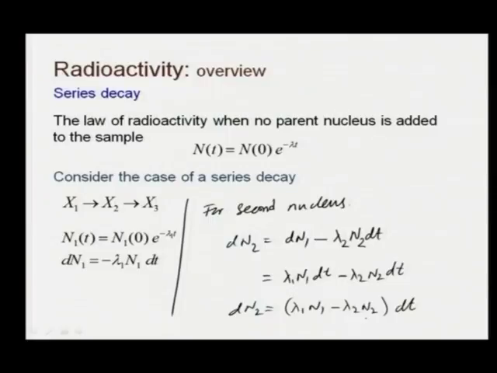It is true that numerically it is equal to that, but we are actually considering the other way around, saying that what is the number of dn2, which is the number of x2 type of nuclei which are added to the sample, which are produced. So, which is a positive quantity. So, lambda 1 n1 dt, number of x2 type of nuclei added to the sample in dt time.